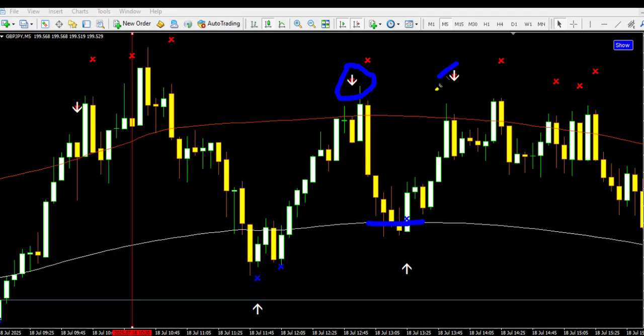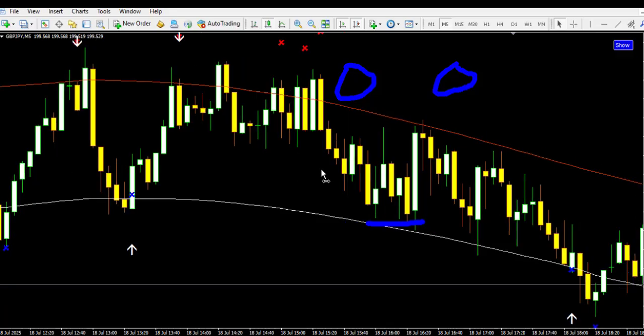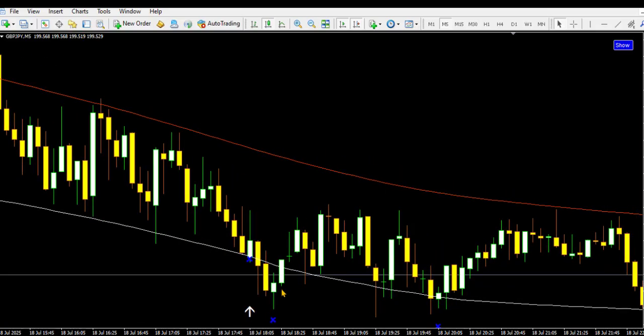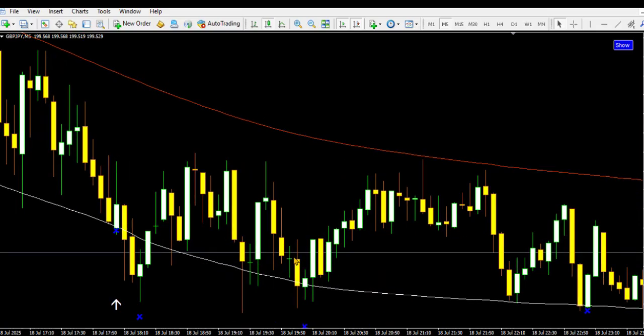Here is another sell signal here, and it did deliver well. We have a buy arrow here. We are not going to take this buy. We ignore it because we know on the higher time frame the trend is down.